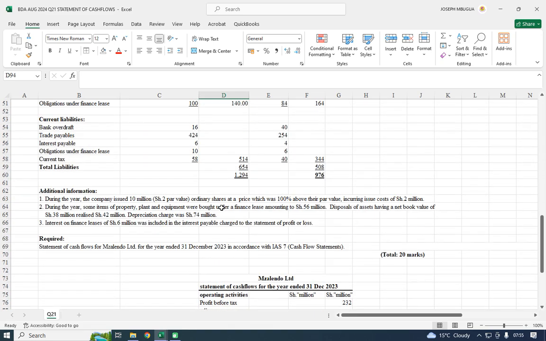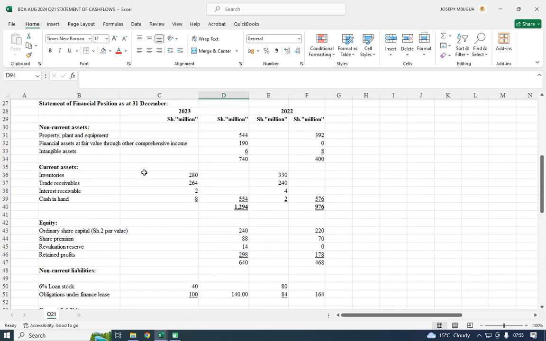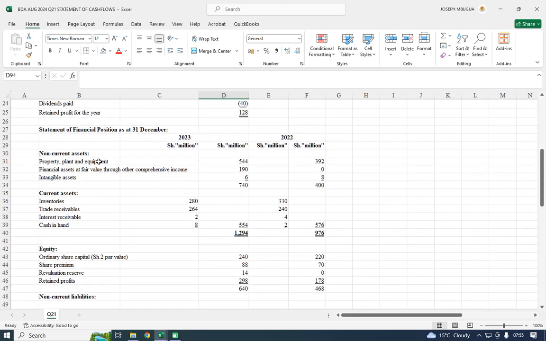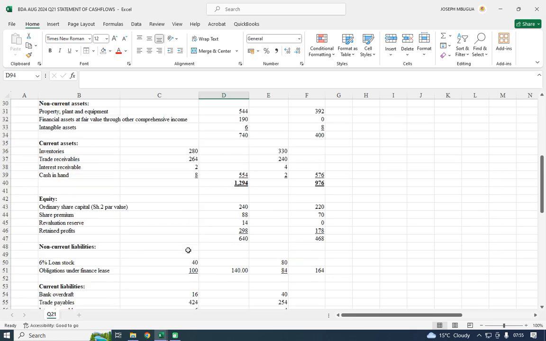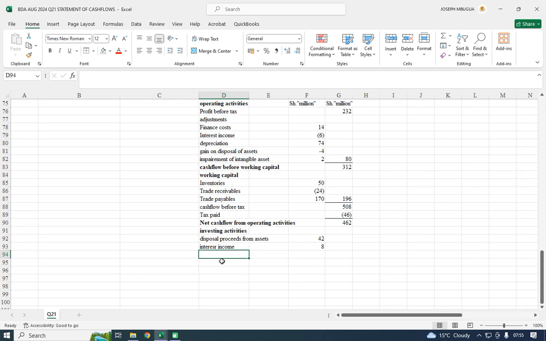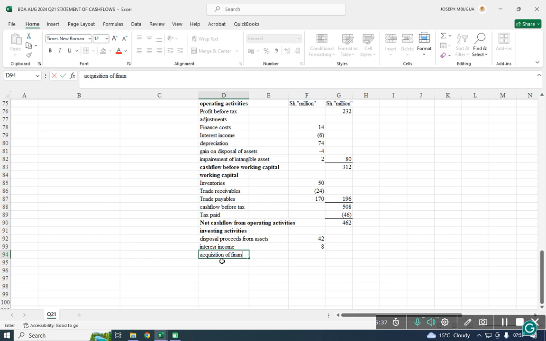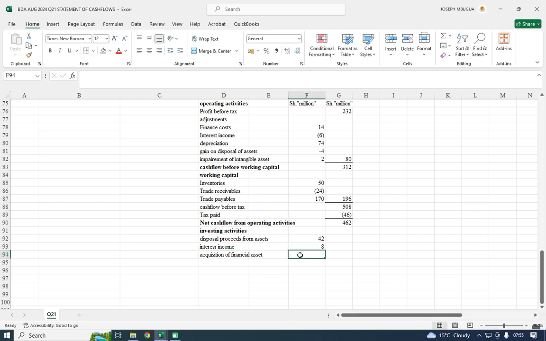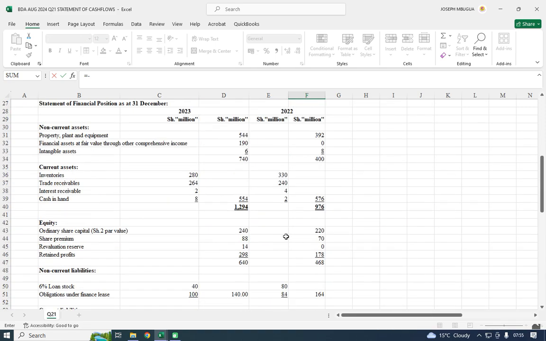Under the investing activity, we had the PPE and we had the financial asset. When we look at the financial asset, at the beginning we had 0 and at the end 190. So acquisition of financial asset, and these are negative because it's an outflow.